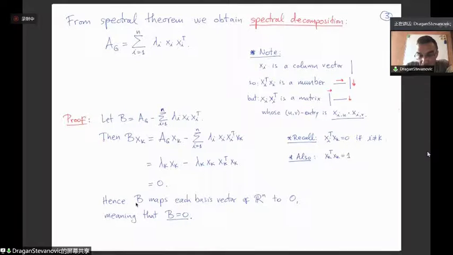So matrix B maps each basis vector of the whole space to 0, and that's possible only if matrix B itself is a 0 matrix. If it had a single non-zero entry, then some basis vector would be mapped to something which is not 0.